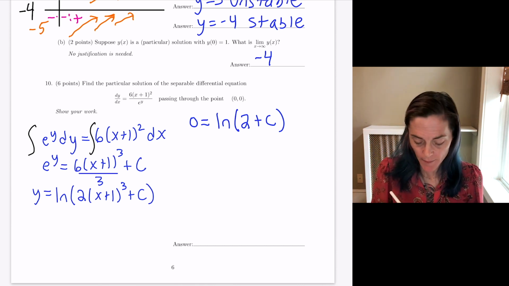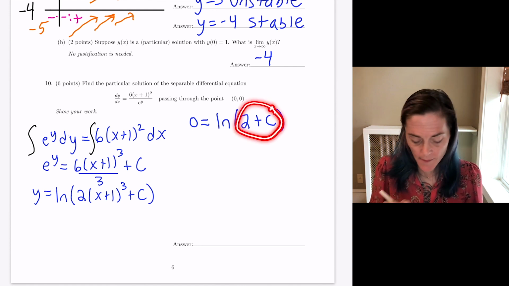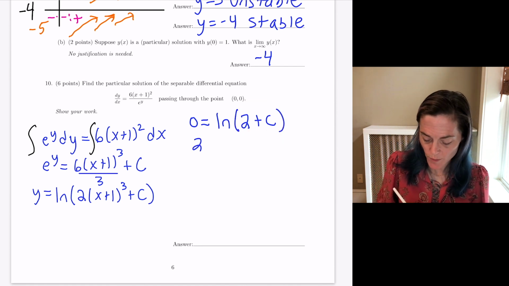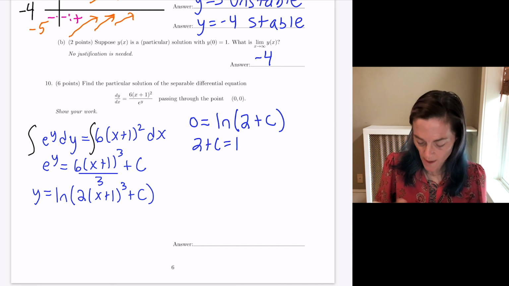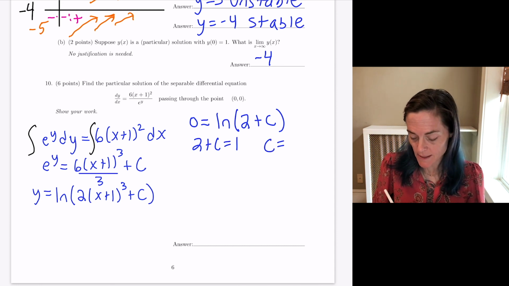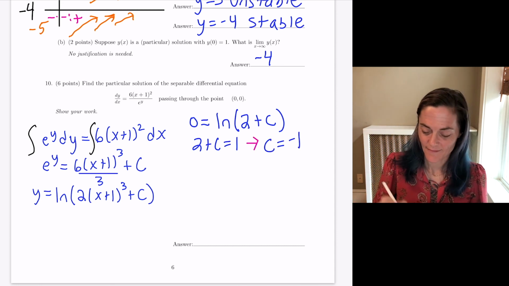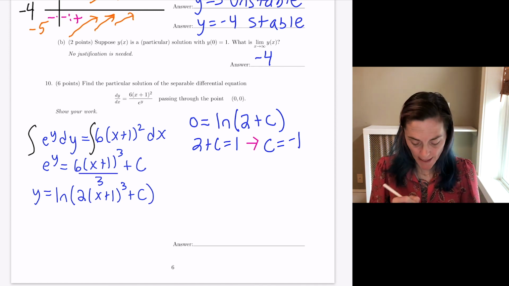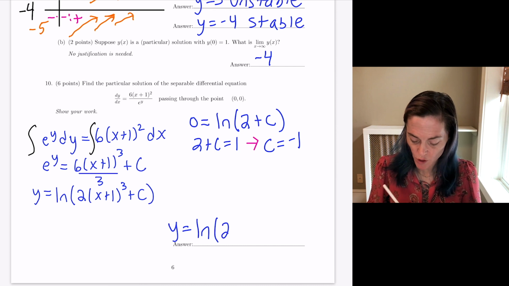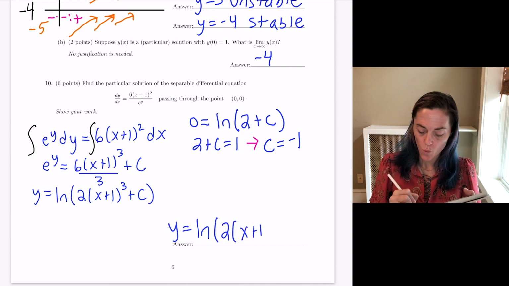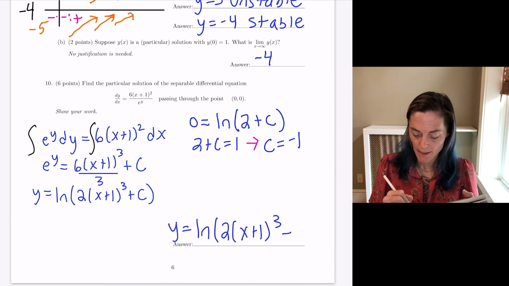Well, what's in here must be 1. So 2 plus c equals 1. My constant is negative 1. Here's my final answer. Y is the natural log of 2x plus 1 cubed minus 1.